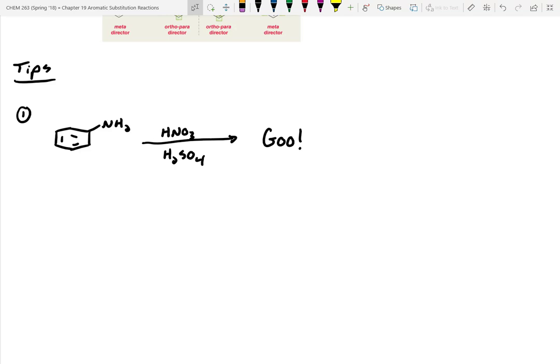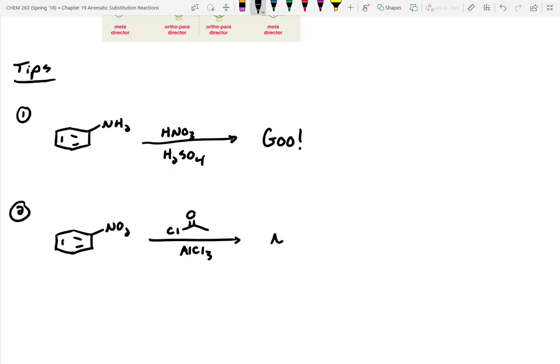Number two is this reaction where, let's say you've got a nitro group on there, and you tried to do an acylation. Oops, sorry, I forgot my L. This one won't work.